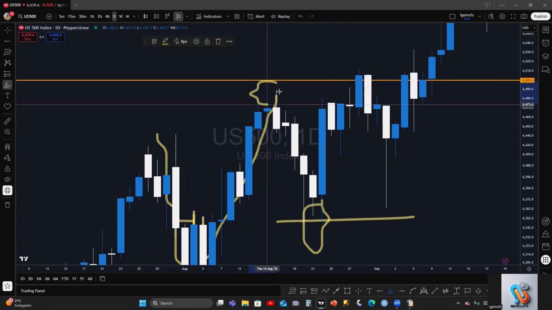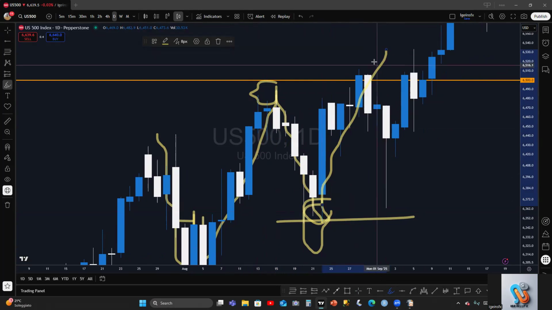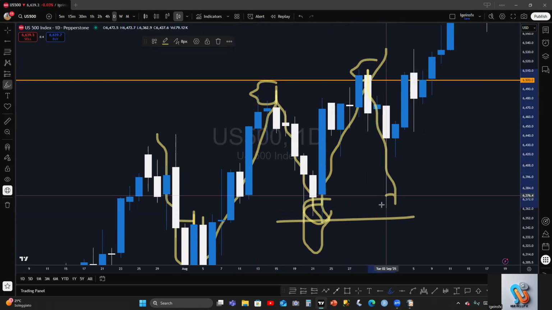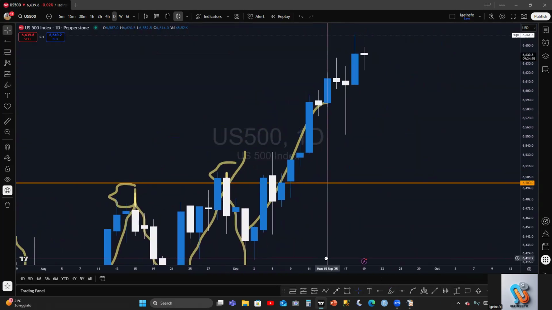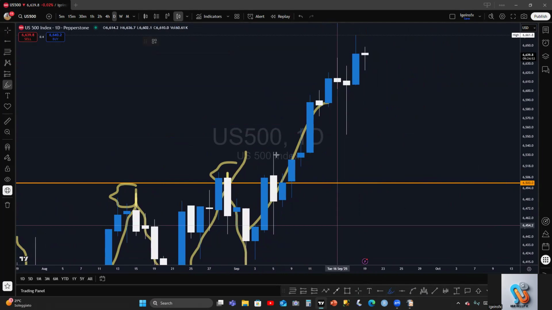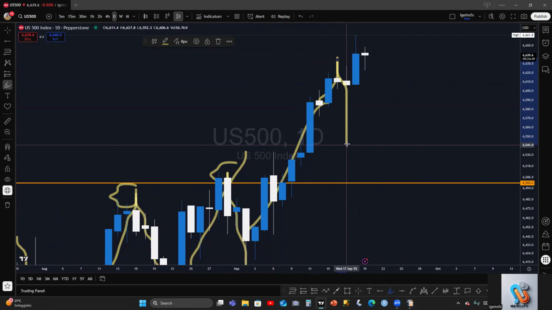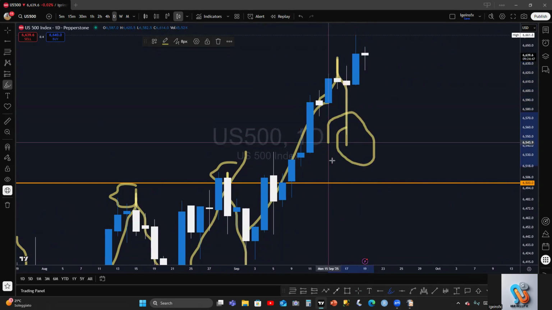This point is a resistance level, pull back to a support level, pull back to a resistance level, pull back to a support level, pushing to this side a resistance level. So what is difficult?